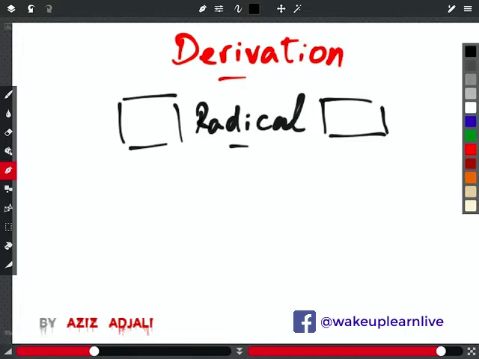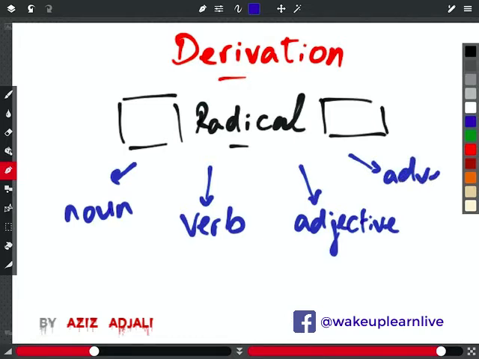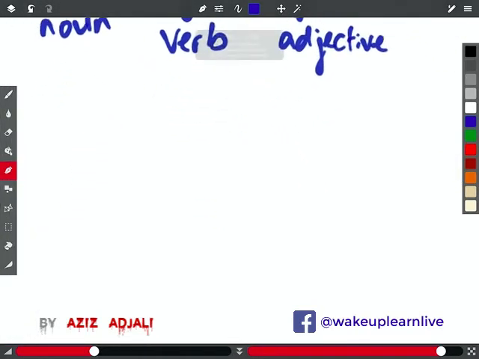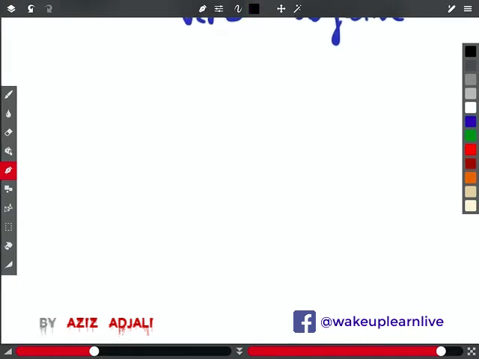For example, we can obtain nouns, we can obtain a verb, we can obtain an adjective, or an adverb sometimes. So it depends. Okay, today we're going to see some cases where I can teach you how to derive these kinds of words.